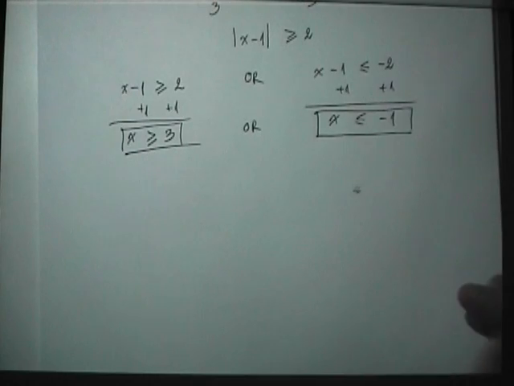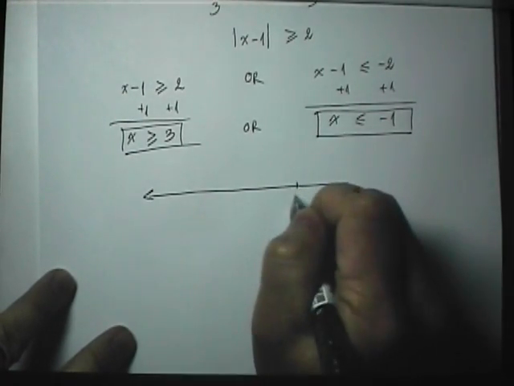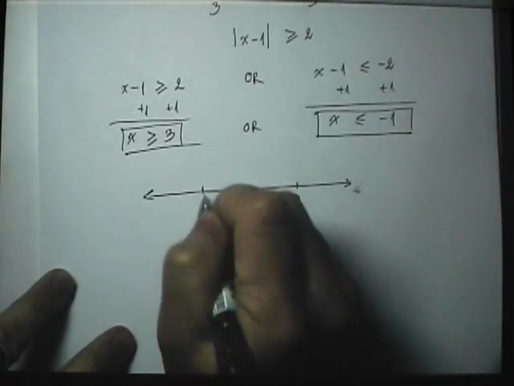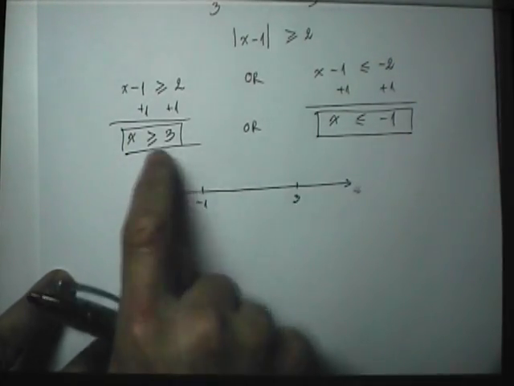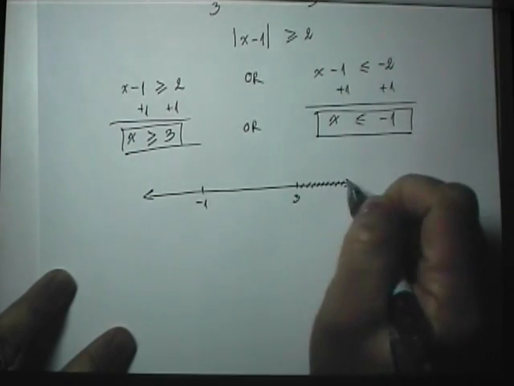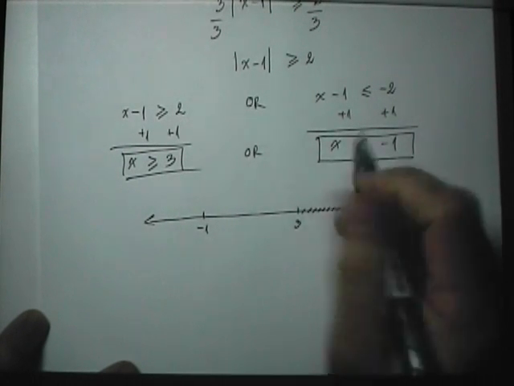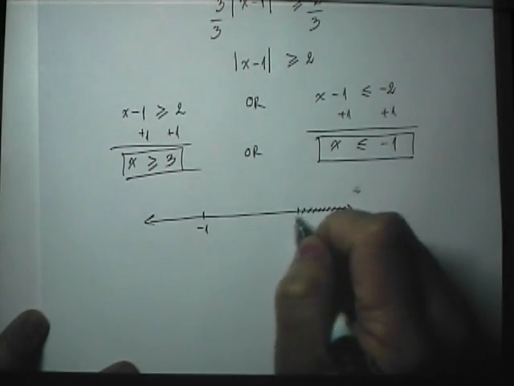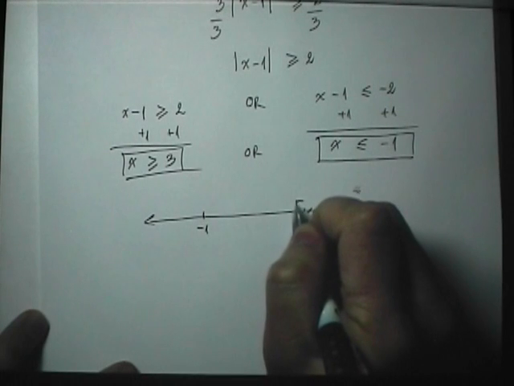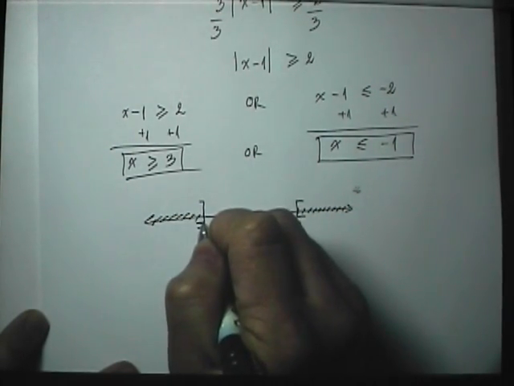So, graphing the solutions. 3 is the higher number, negative 1 is the lower number. For 3, I want x higher than 3. So, the solution for this starting inequality here is, as long as x is higher than or equal to 3, or x less than or equals to negative 1, that counts for the inequality.